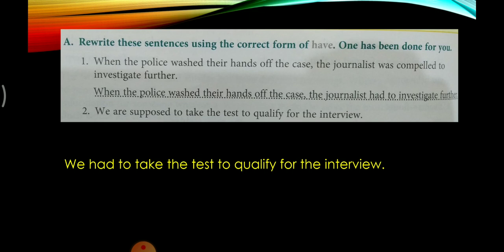Right? Next one. We are supposed to take the test to qualify for interview. We are supposed to. So, it is something that we have to do. Okay? So, we had to take the test to qualify for the interview.